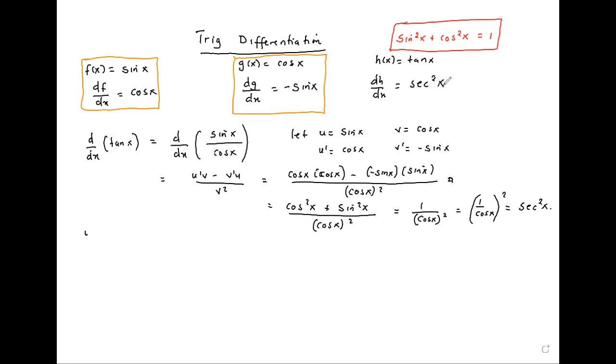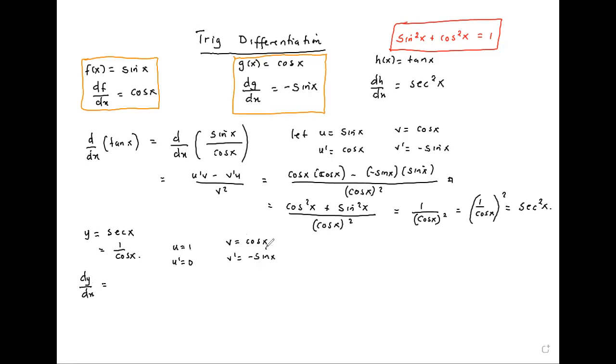Okay, when y is equal to sec x, that is the same as y equal to 1 over cos. So we differentiate: dy/dx. Let u be 1, so u prime is always 0 for a constant, and v be cos x, so v prime is negative sin x.